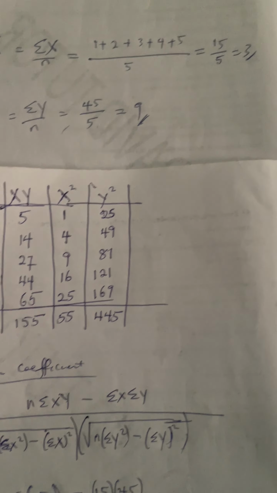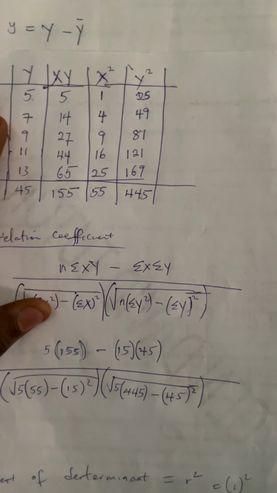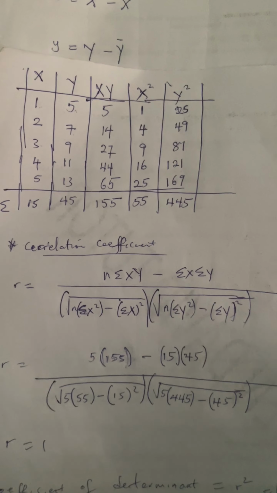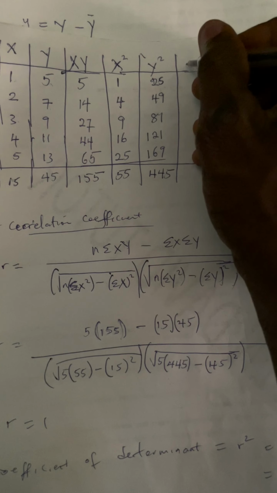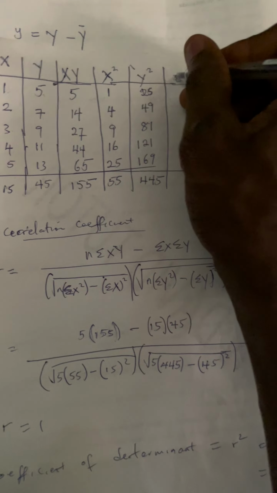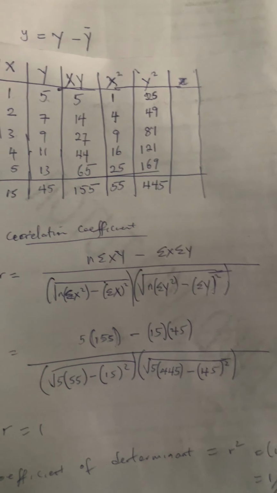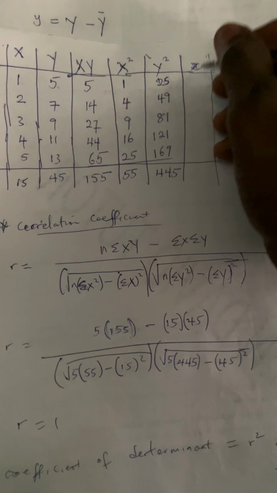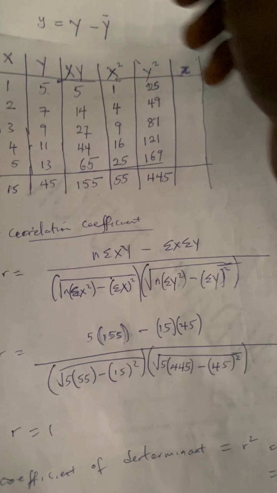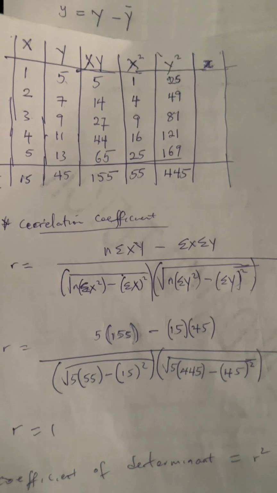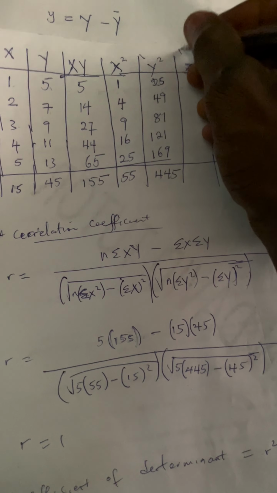Now, if you want to continue with this, we now need to bring out our small letter x. How will you bring out your small letter x? Small letter x here is capital letter X minus your x bar. And what's the x bar?